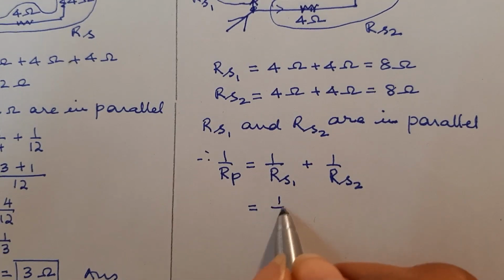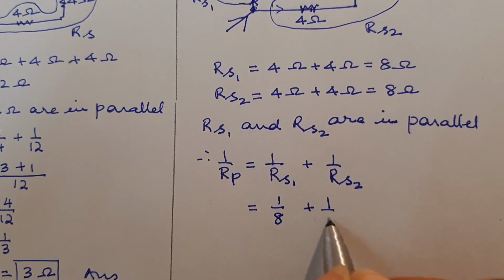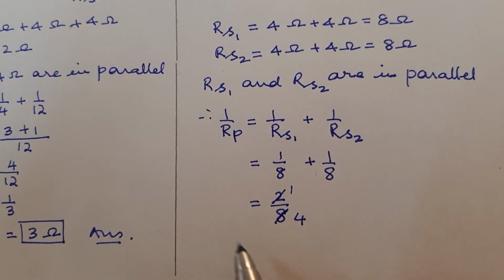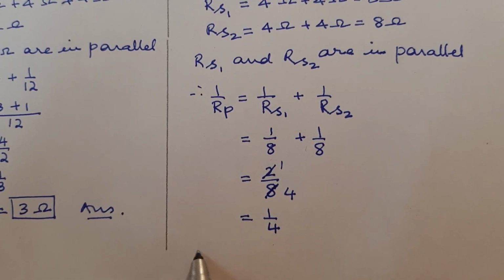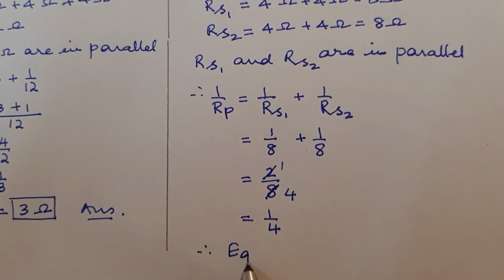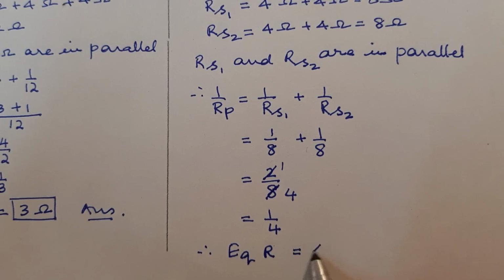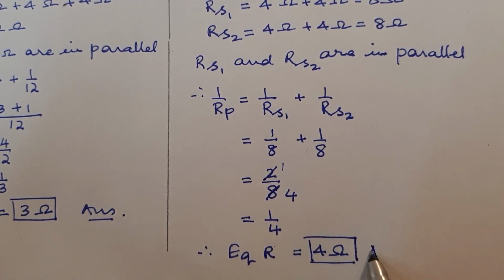That gives us 1 upon 8 plus 1 upon 8, which will be 2 upon 8. That gives us 1 upon 4. And therefore, the equivalent resistance is equal to 4 ohms. And that is our answer.